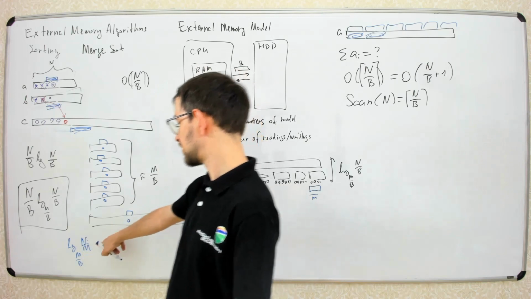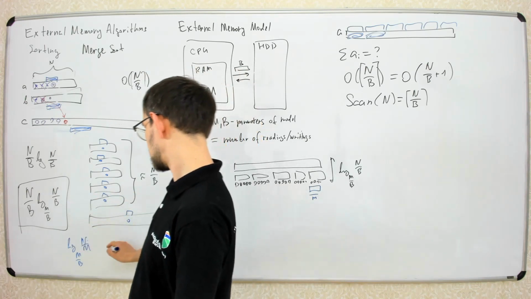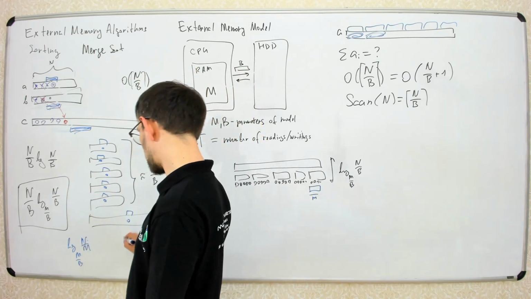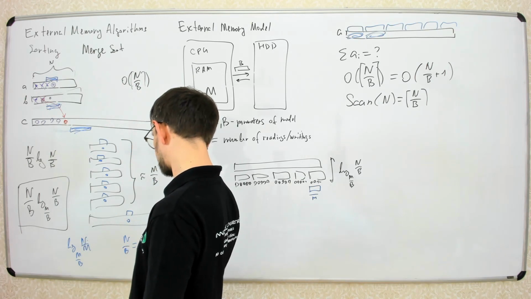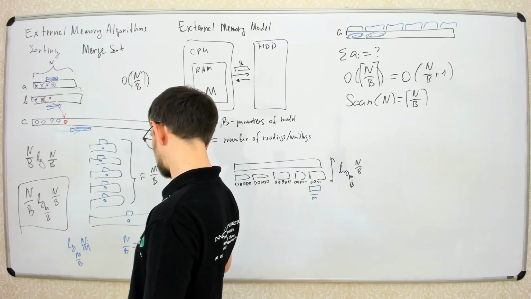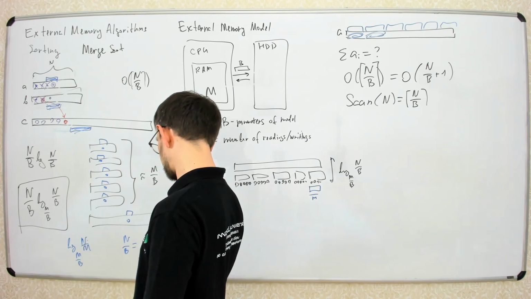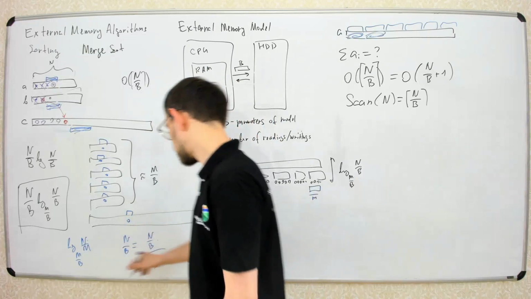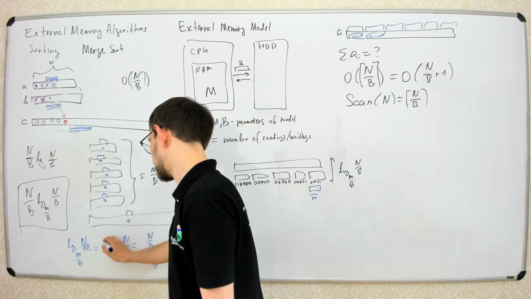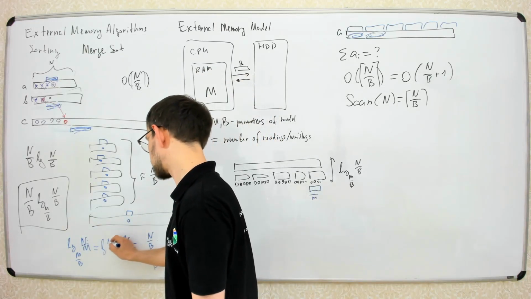But it's actually the same as here. So n over m is just n over b divided by m over b, right? So this log is actually the same log minus 1.